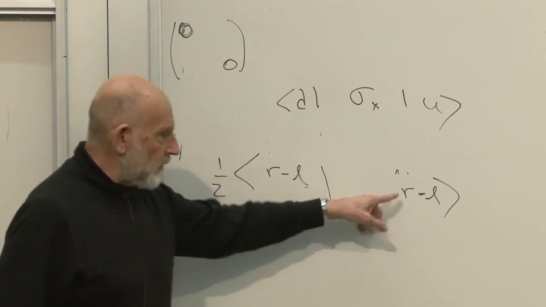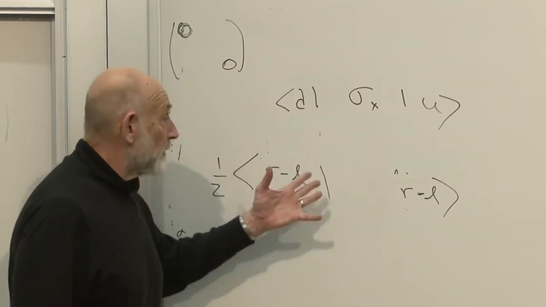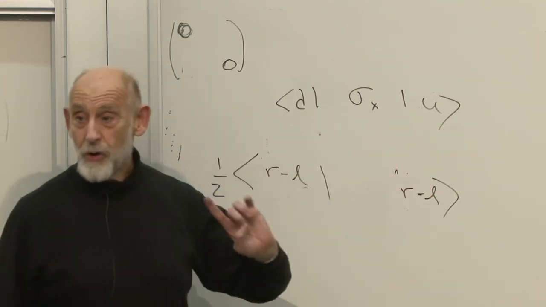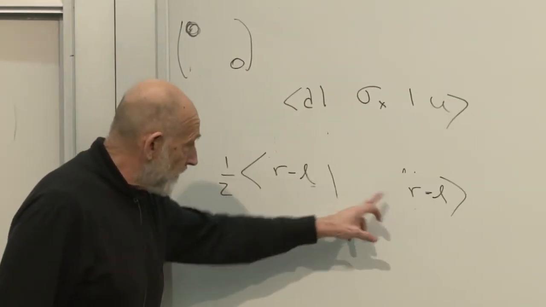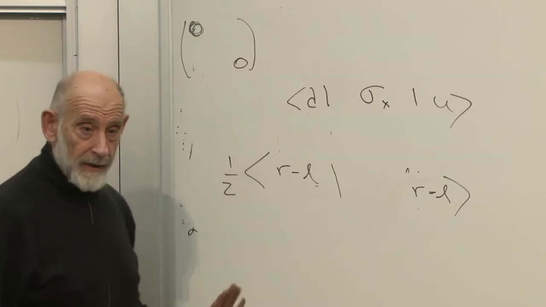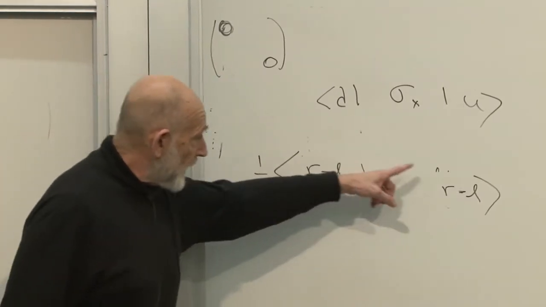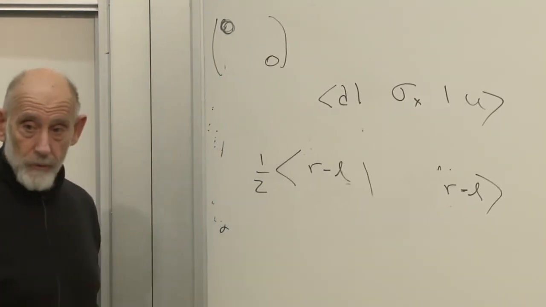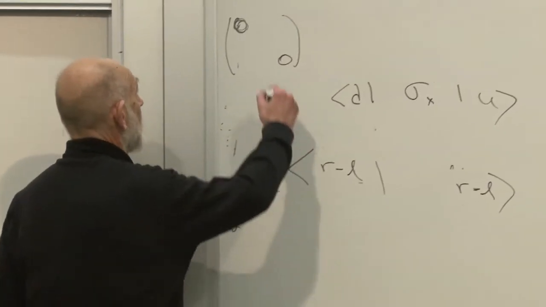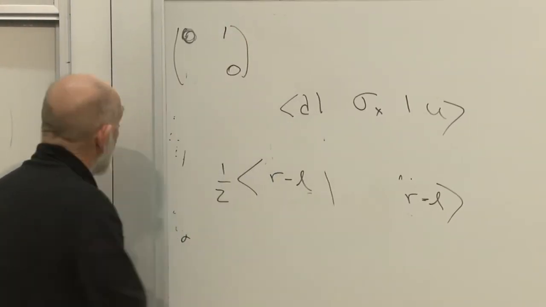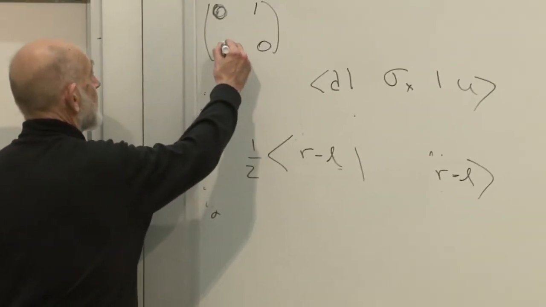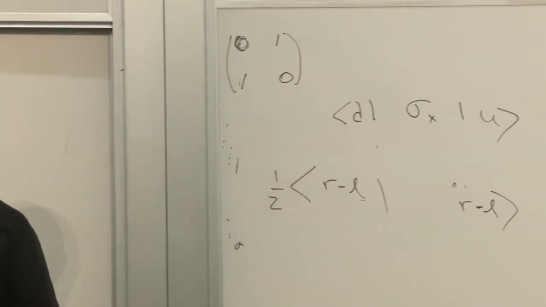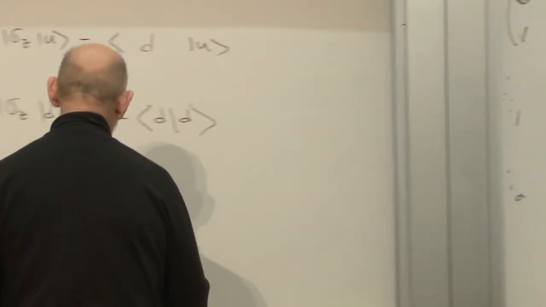The inner product of right with right is 1. The inner product of minus left with minus left is also +1. So they add. And again, the cross terms between right and left are 0. So we get 2 divided by 2, which is 1. We get a 1 up here. And if we work it out, we'll get another 1 over here. All right, so now we've got sigma x.